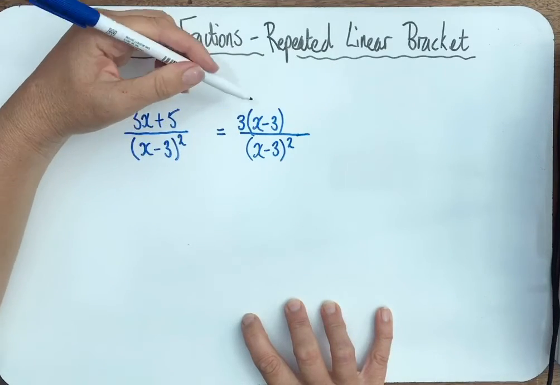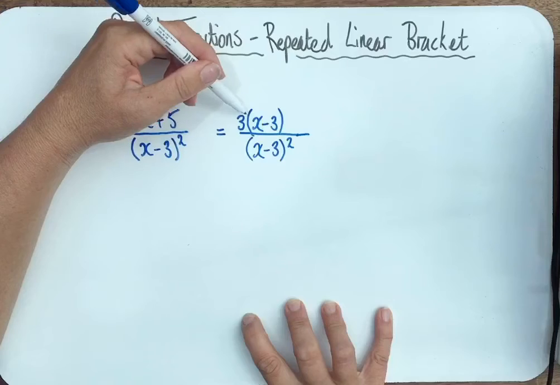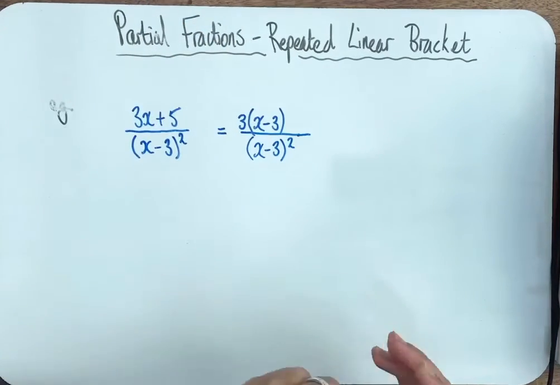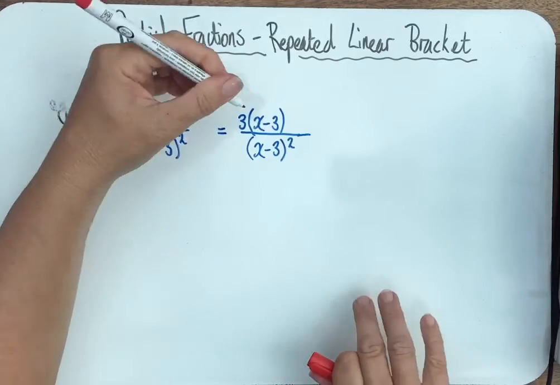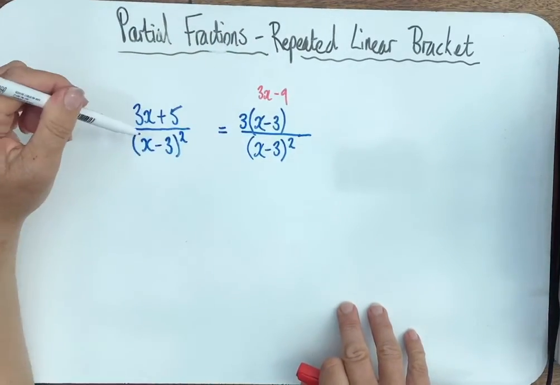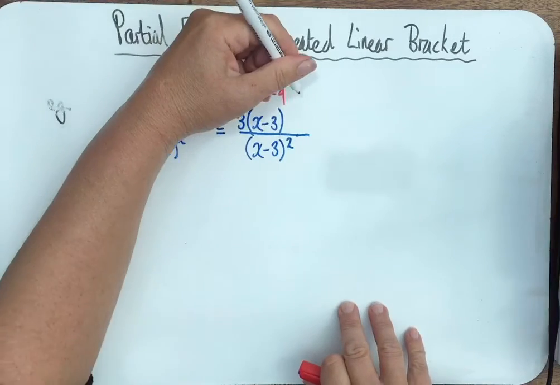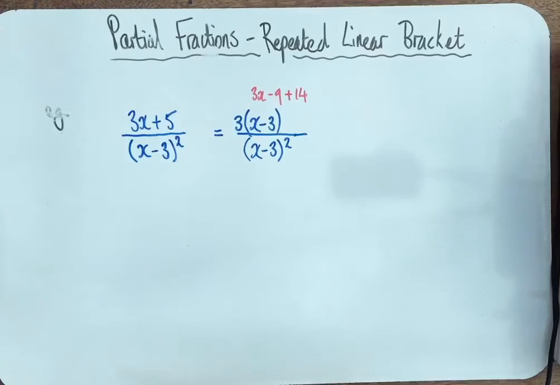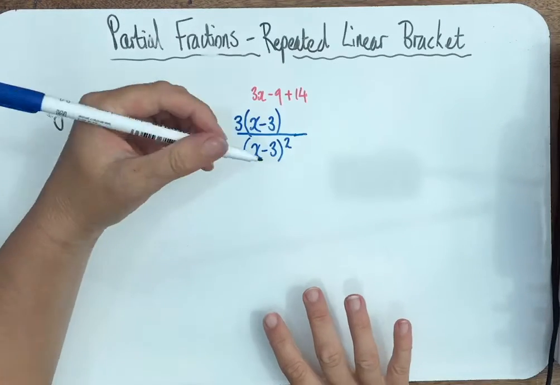So the top here now is 3x minus 9, if I multiply that out. But the right hand side is to equal the left hand side, so I need to add 14 on so that the top is equal to 3x plus 5.